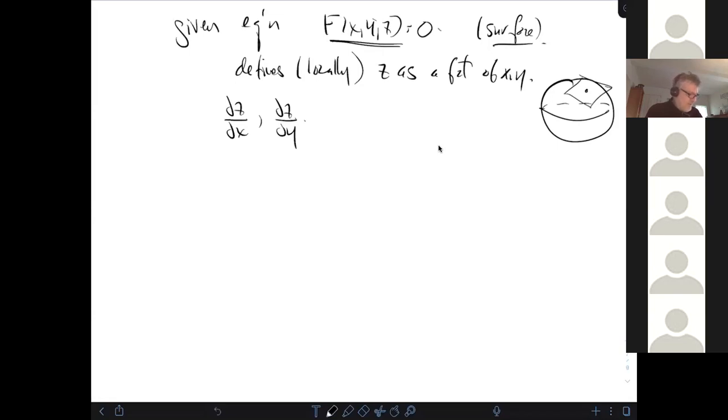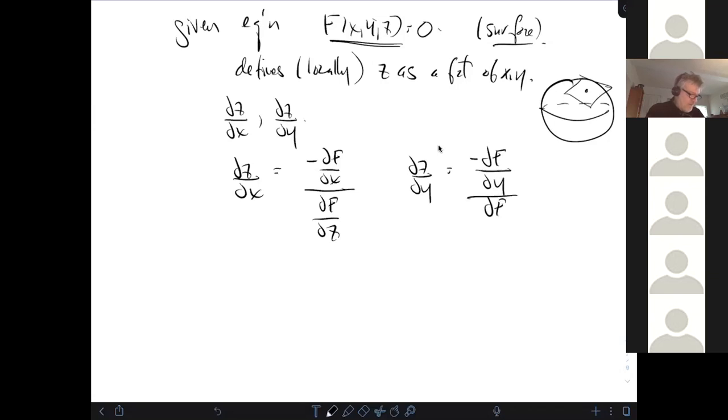And what we found is that you can always do that simply by computing these, which have to be evaluated at the right point, obviously.